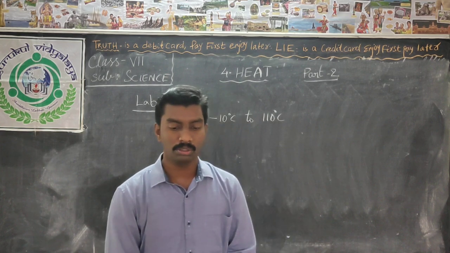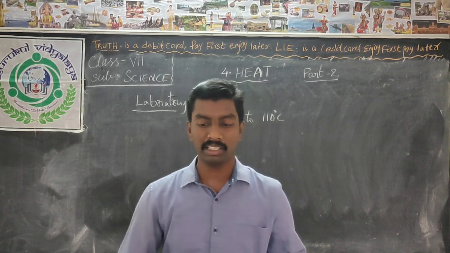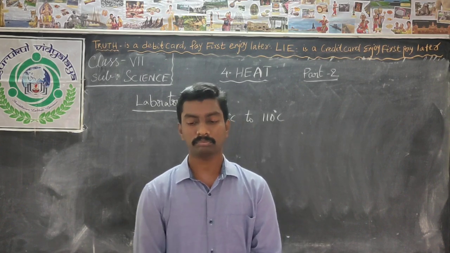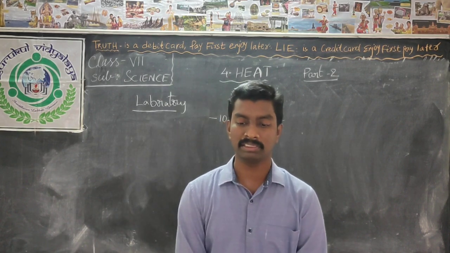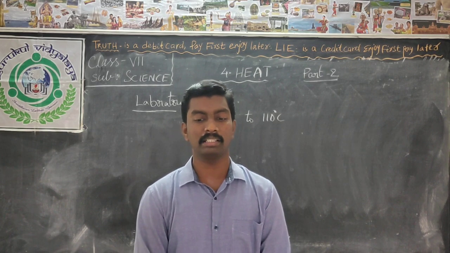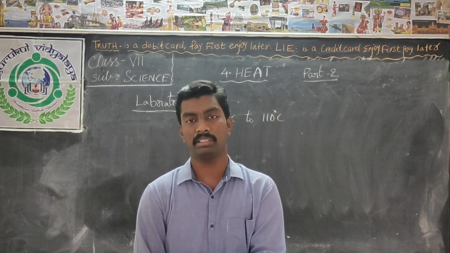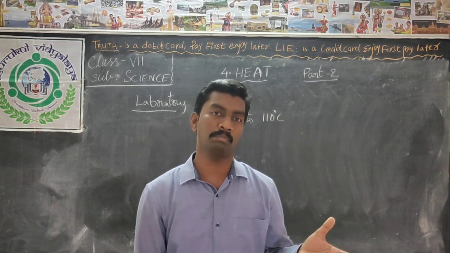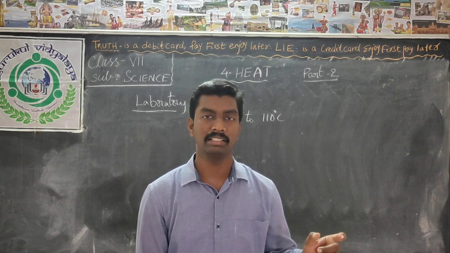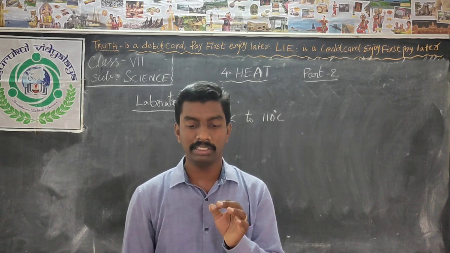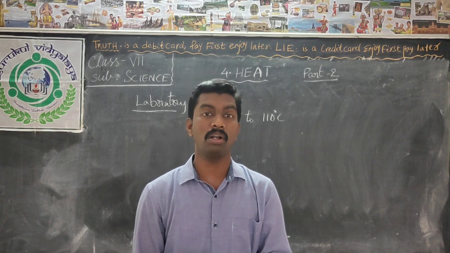Okay children, for this some precautions also we have to take. See here, one table was given, in addition to the precautions needed while reading a clinical thermometer. The way we read the clinical thermometer to check the reading, in the same way we will check here, but it should be kept upright, not tilted.